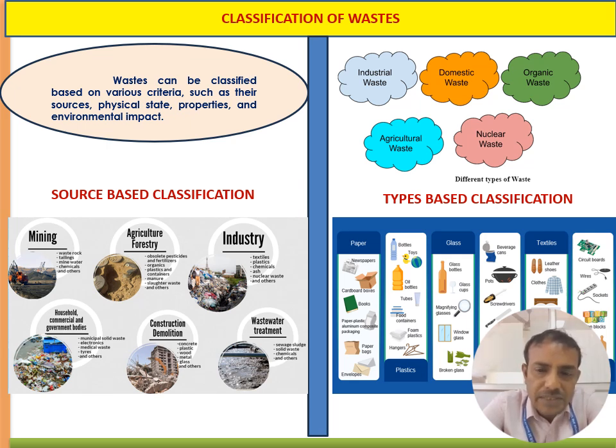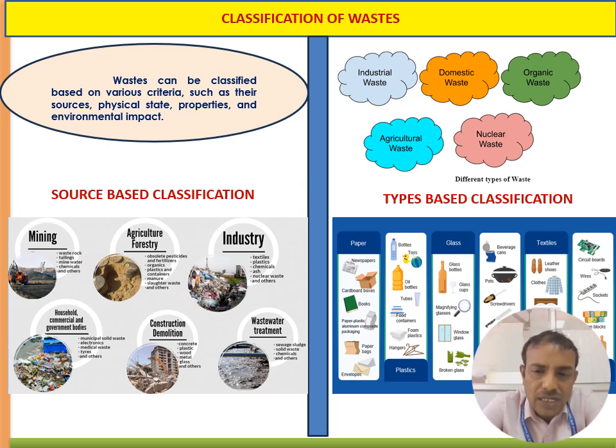Commercial waste is something different from residential waste. Most probably, we will have waste like paper, cardboard, printers, and some e-waste types, like computers. These are some of the examples for institutional waste. Even a hospital comes under the category of institutional waste. So medical waste, syringes, these are some of the examples for medical waste.